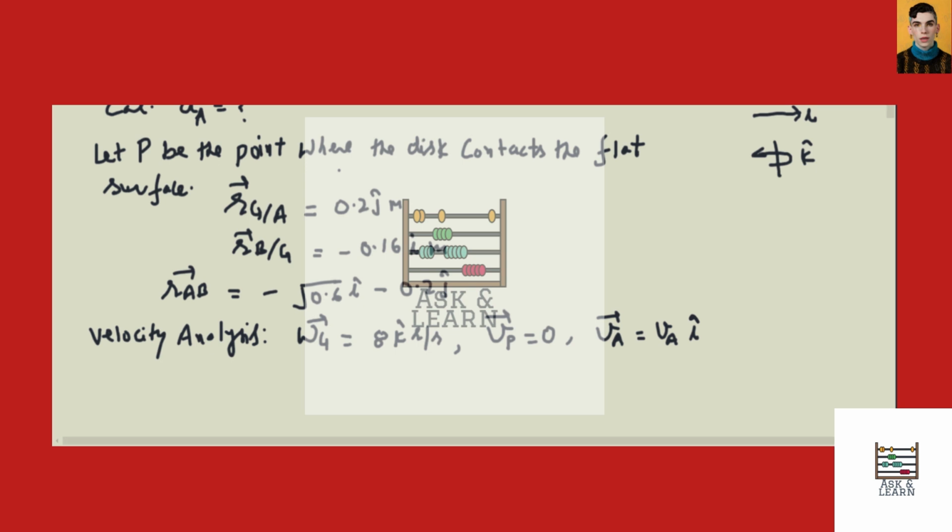So velocity of V can be written as velocity of P plus omega cross r.